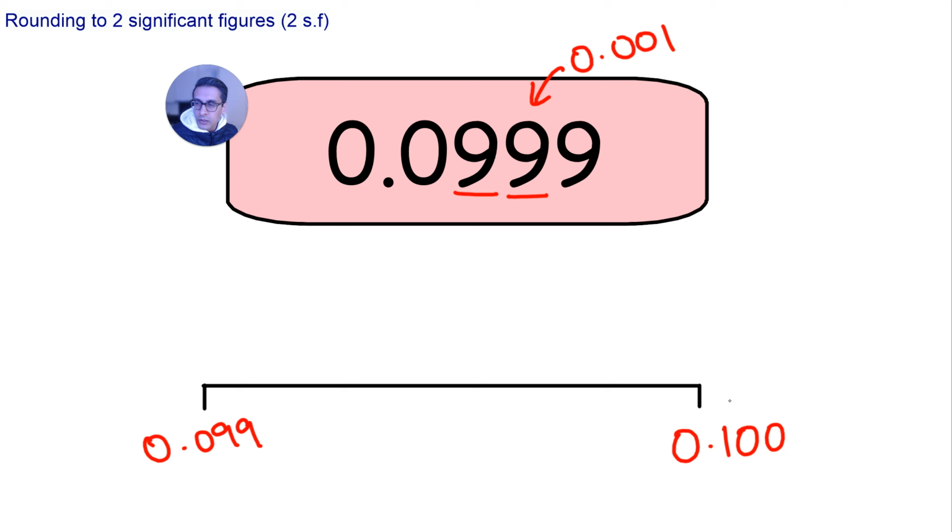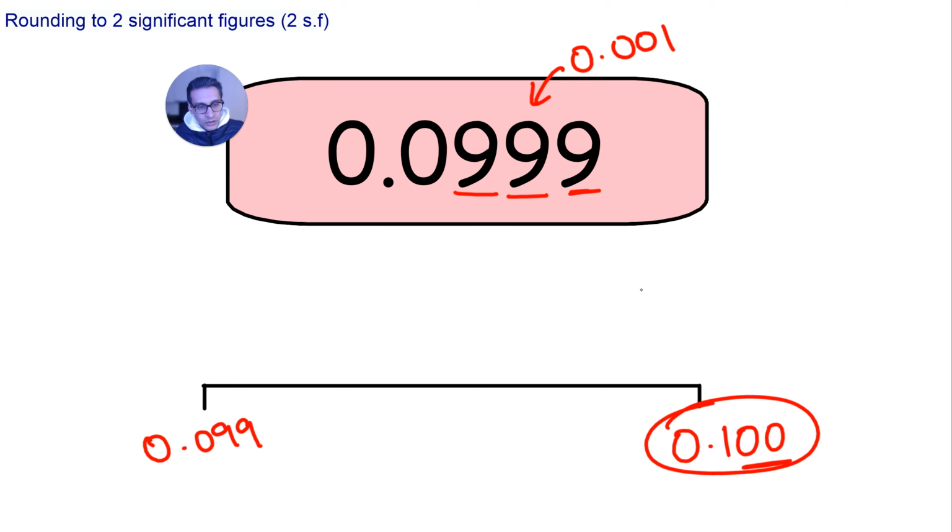So normally we wouldn't write these zeros here, but in this case we're going to keep them just in our working out, because you'll see when we write our answer. And we're going to see that because the deciding digit is a 9, it means we have to round up. So this is what we want to give our answer to.